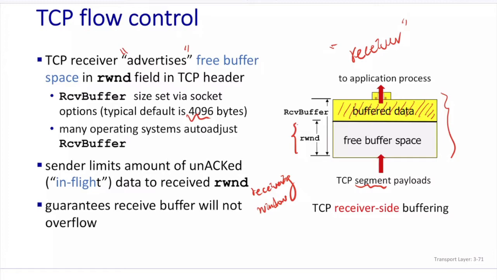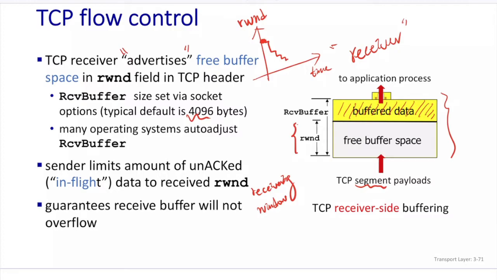So basically it may look like this. At the very beginning, the receiver side has lots of free buffer to use. When the sender sends segments to the receiver, the receiving window size goes down, right?